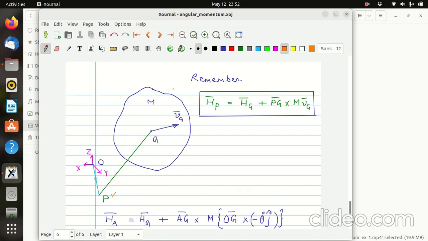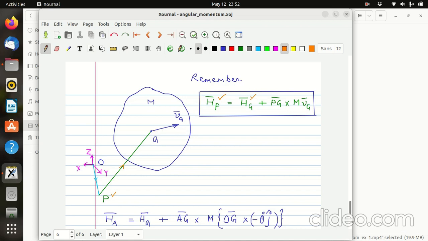the angular momentum about any point P is the angular momentum about the center of mass plus a vector from P to G, that is from the point about which we want to calculate the angular momentum to the center of mass, multiplied by the total mass and the velocity of the center of mass.